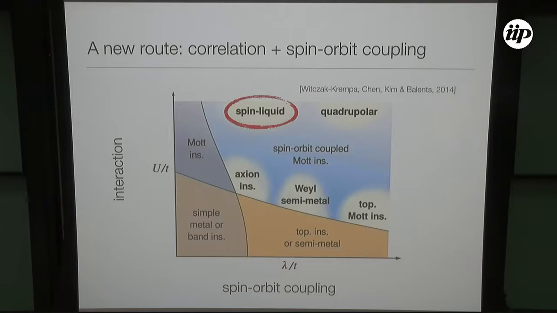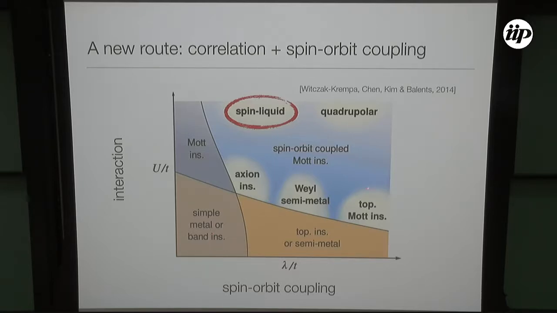But recently, there has been a lot of emphasis in condensed matter physics on the effects of strong spin-orbit coupling. Even along this axis, if you neglect interactions, there is some interesting physics, because you could go from a trivial band insulator to a topological insulator. And then, of course, people started wondering what happens if you go along the diagonal, if you combine the two things.